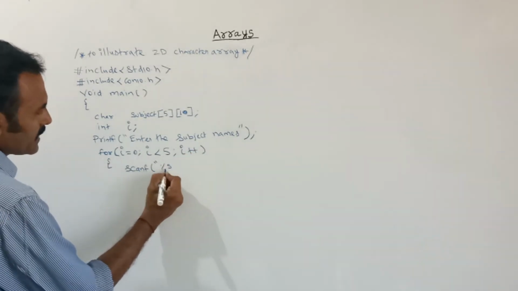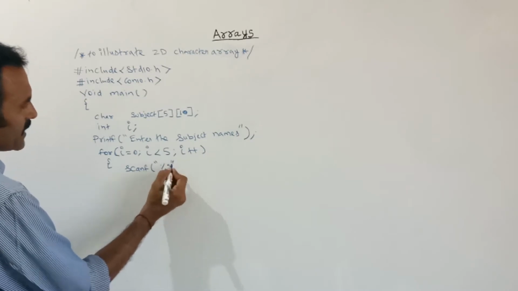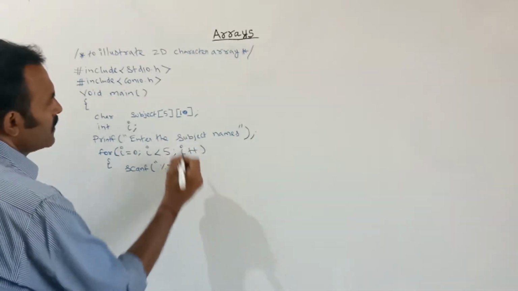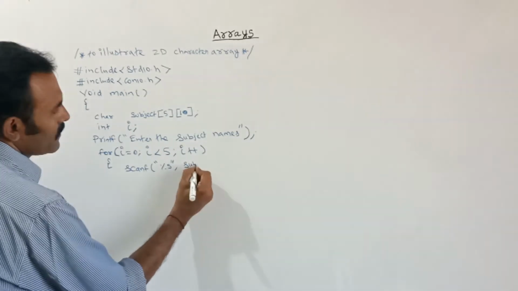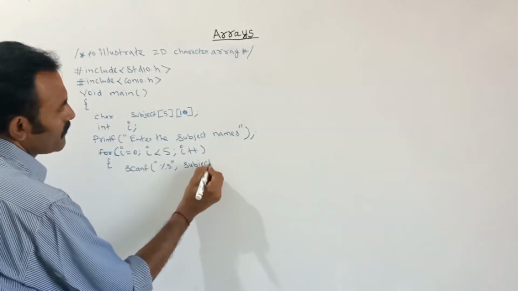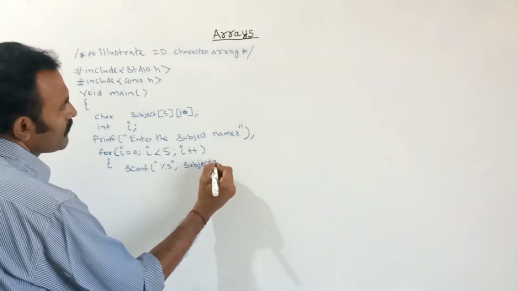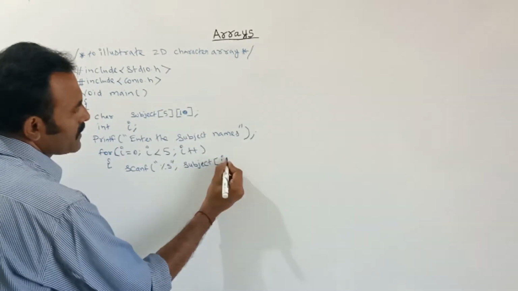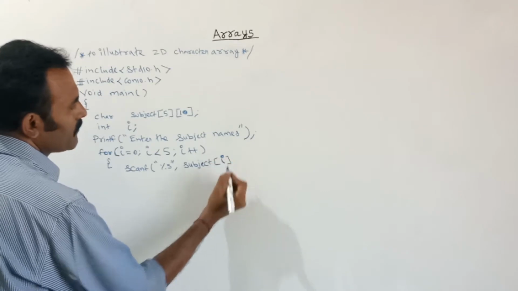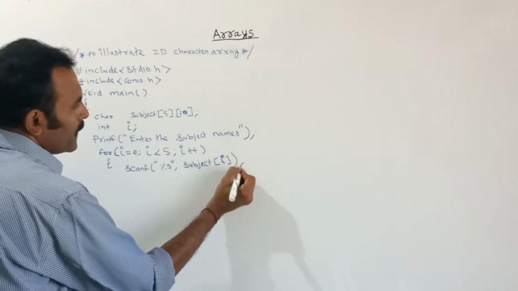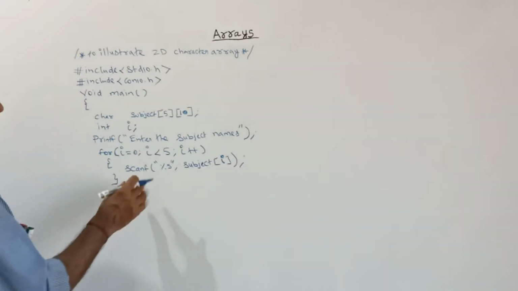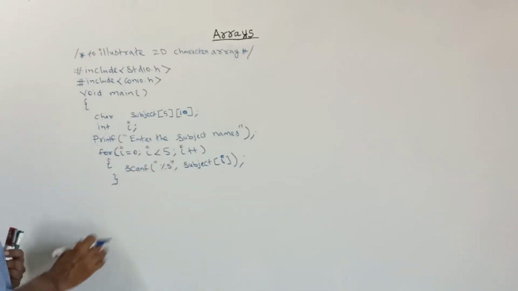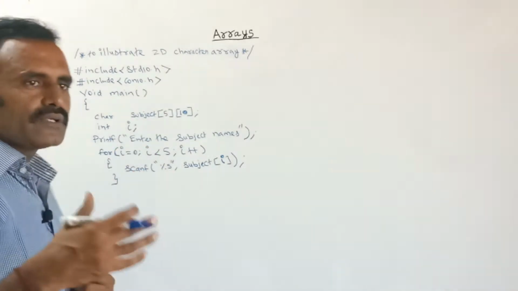Here percentage s, because I am going to store the string value to the variable subject. Here I, subject of I. See, this one is used for getting the input, and now I am going to display the output.